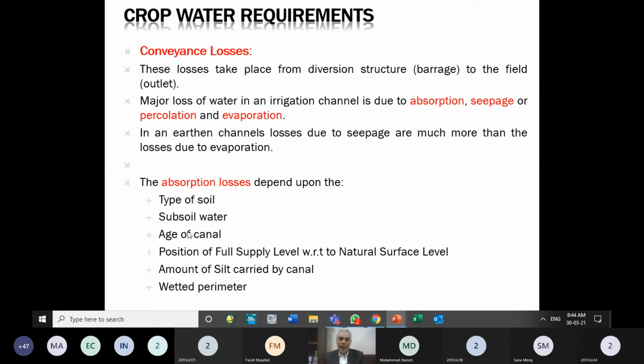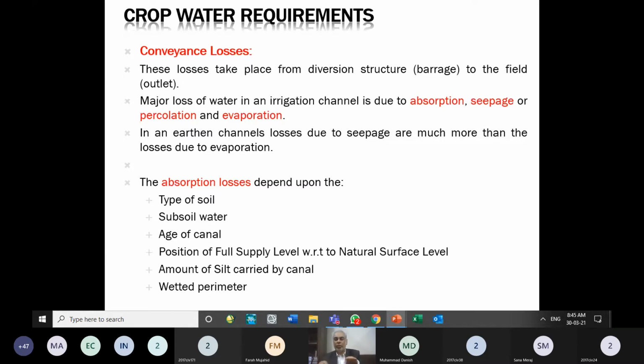So these seepage losses depend upon soil type. Clay soil will have less seepage, sandy silty soil will have more seepage. Subsoil water, the groundwater table: if the groundwater table is higher, then less seepage will occur.